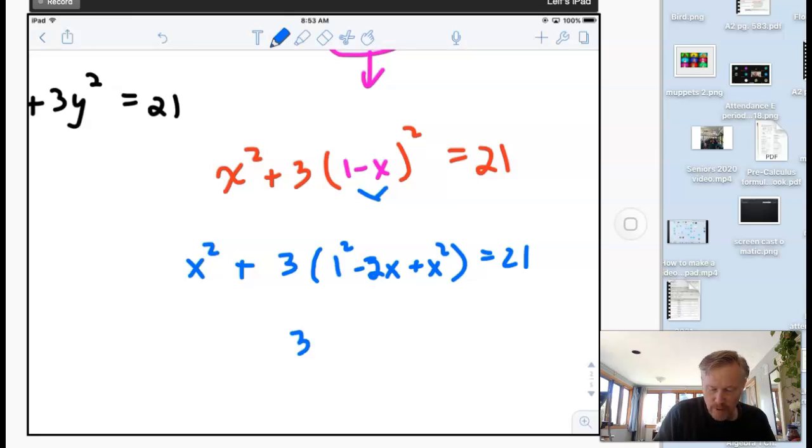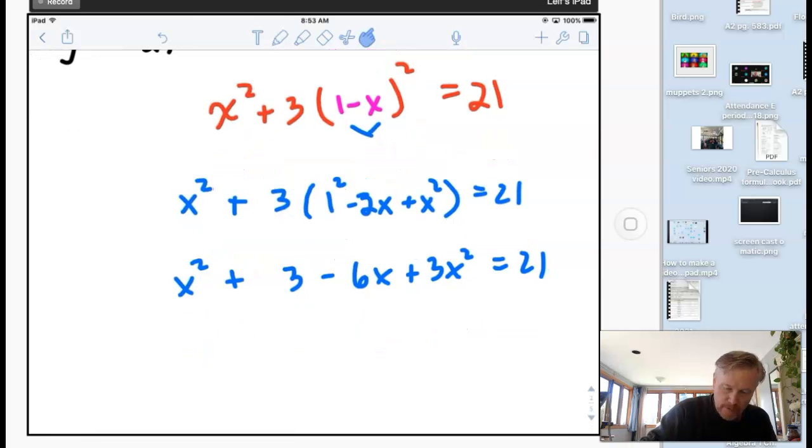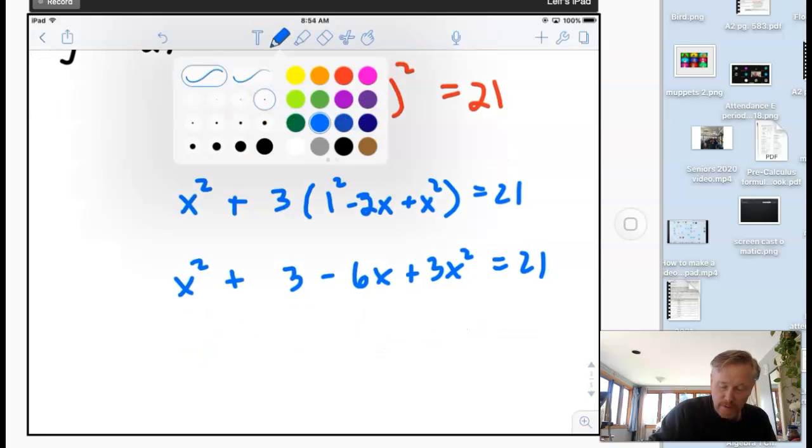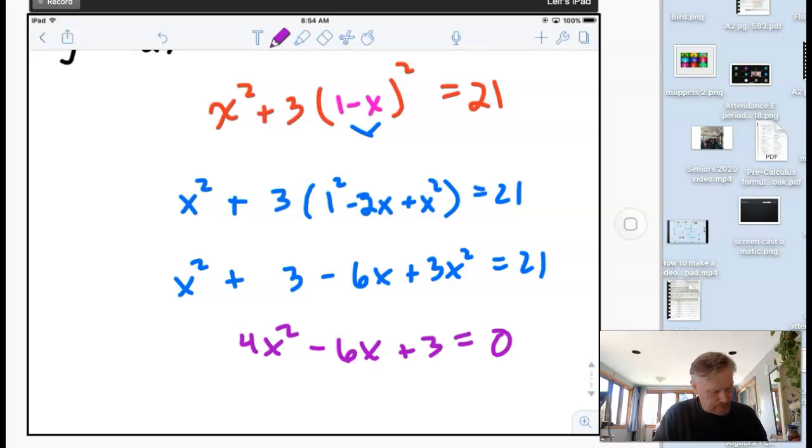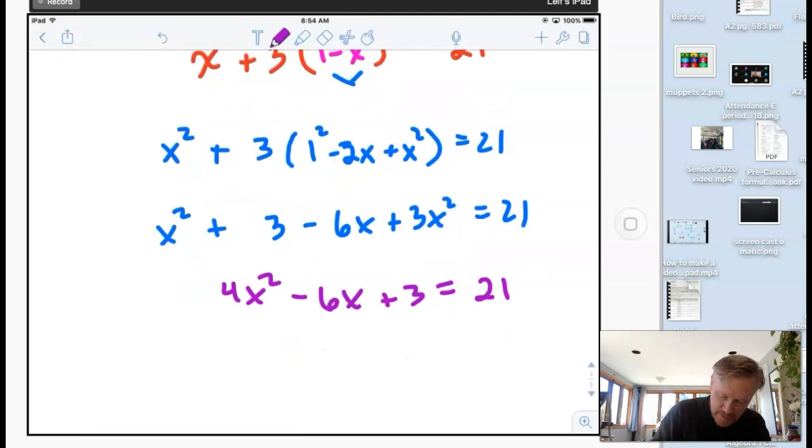So that's 3 minus 6x plus 3x squared. And I have this other x squared in the front. If I pull this all together, 3x squared and 1x squared is 4x squared minus 6x plus 3 equals, oops, equals 21. Then I subtract the 21 from both sides, and I get minus 18.